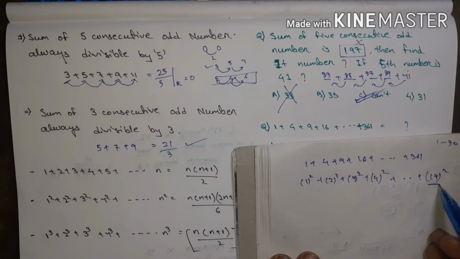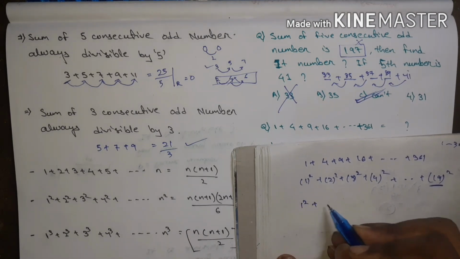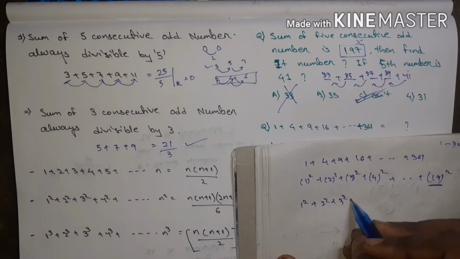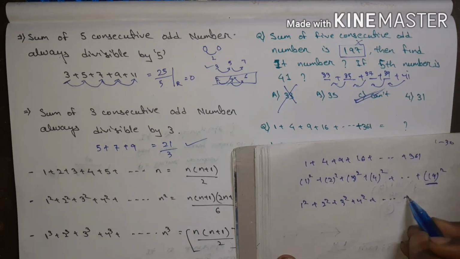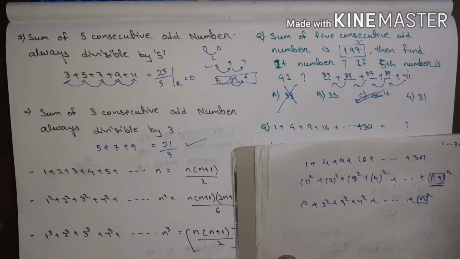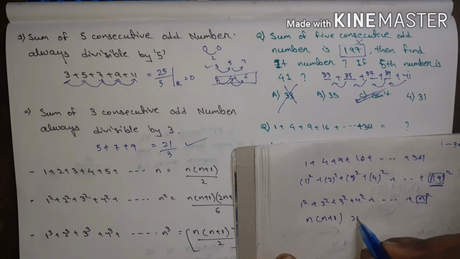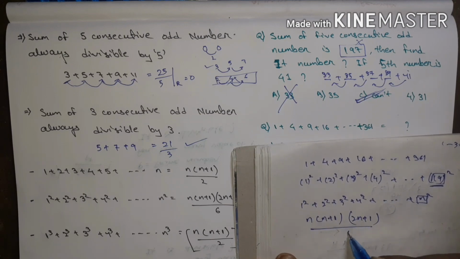What is the n here? n is 19, because it is of the form 1 square plus 2 square plus 3 square plus 4 square plus dot dot dot plus n square. In the place of n, there is 19. So what is the formula? n into n plus 1 into 2n plus 1 by 6.